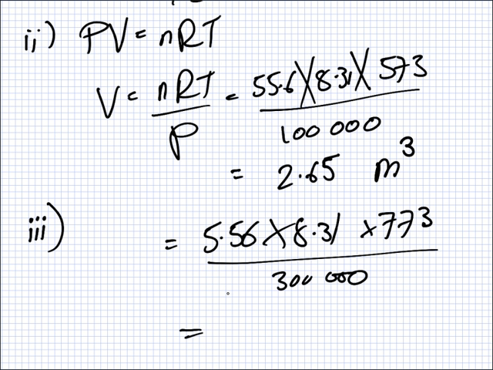Why is it 5.56? Sorry, that's my mistake. It's of course still 55.6. So 1.19. What is it? 1.19. Oh yeah, it's compressed.